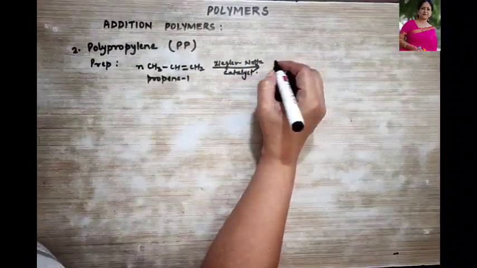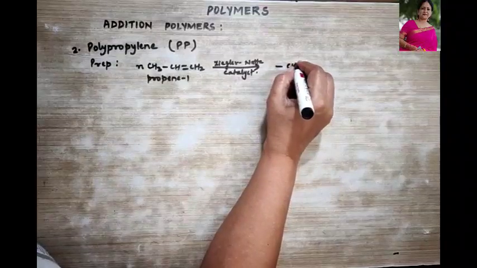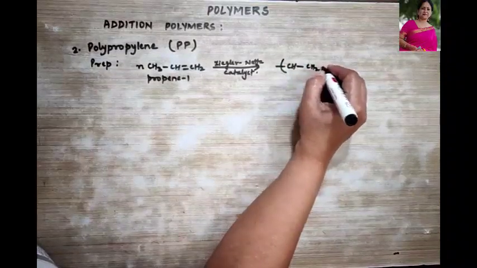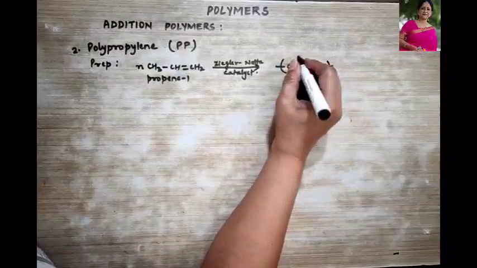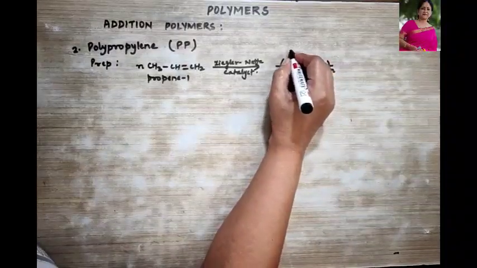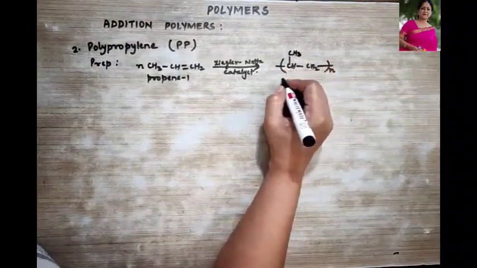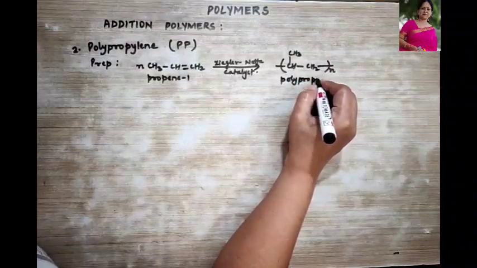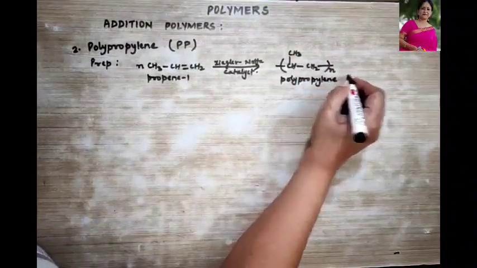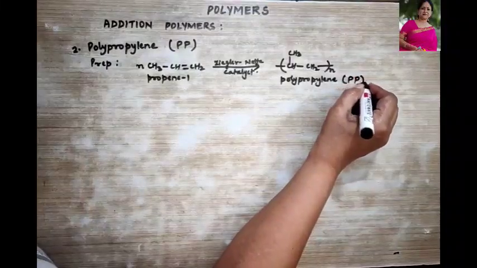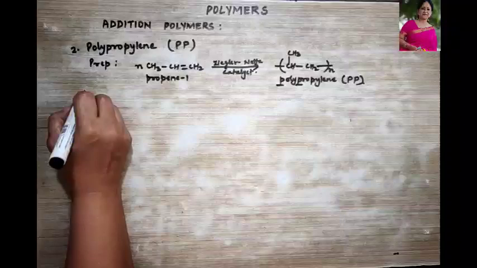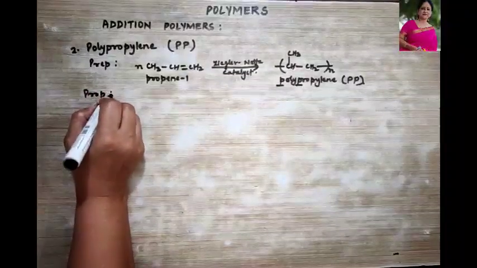Right? And what does it form? This is called as polypropylene, also termed as PP. Polypropylene PP. Okay, let's talk about its properties.